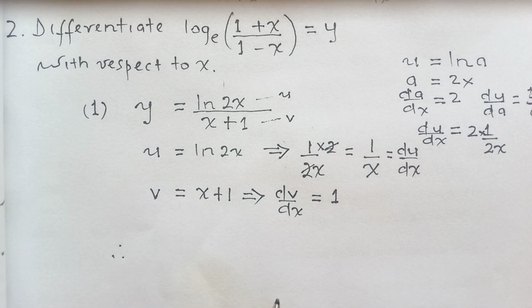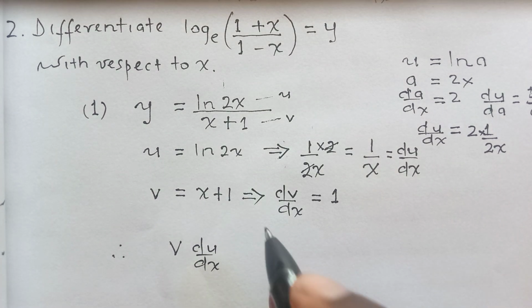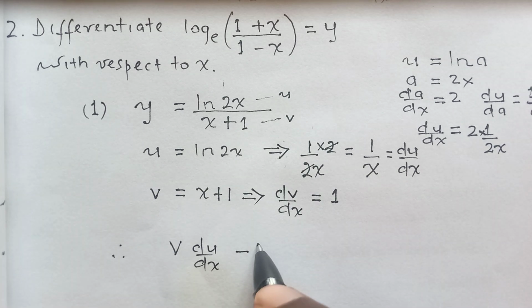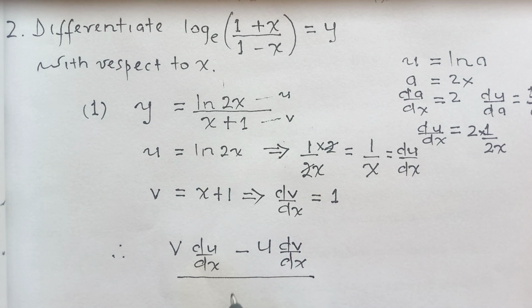the quotient equation, it's written like this: v du dx minus u dv dx, divided by v squared.